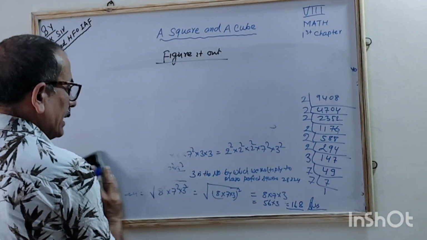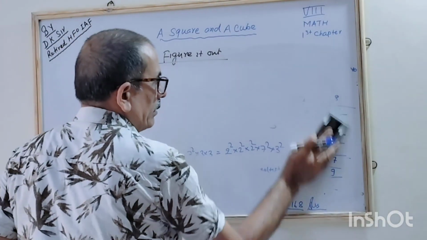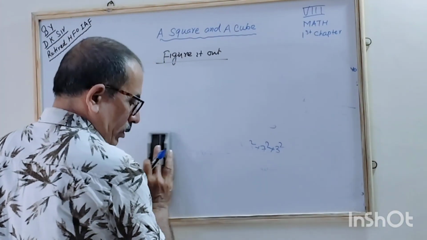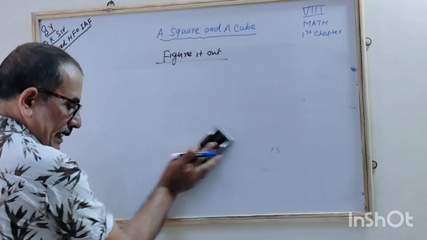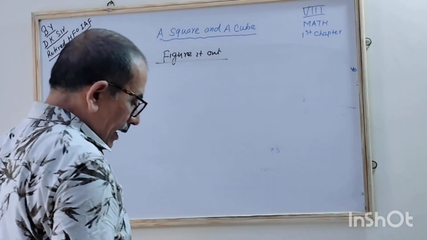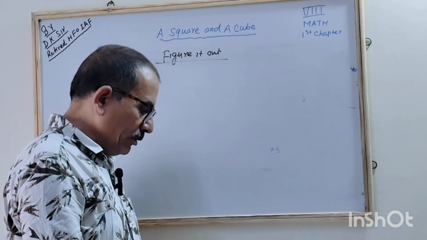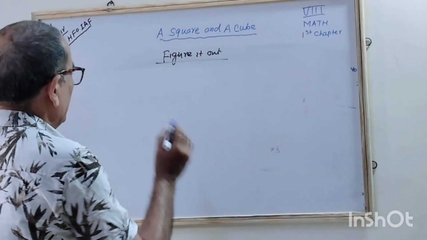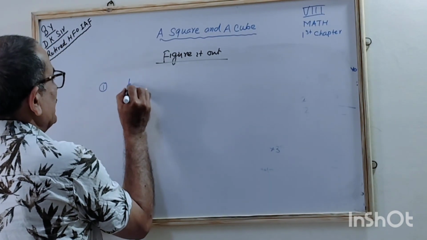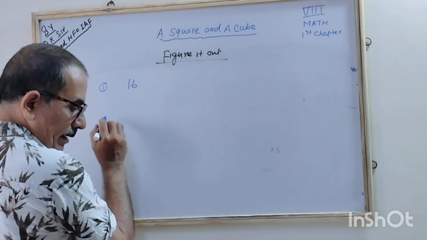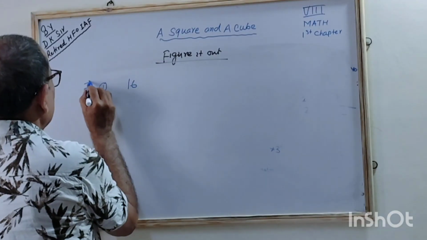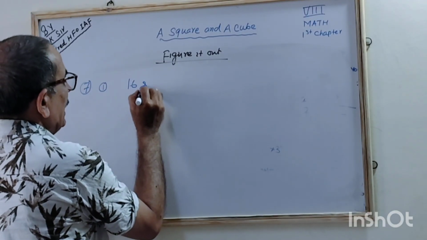The next is question number 7. It is given the consecutive two numbers, 16 and 17.